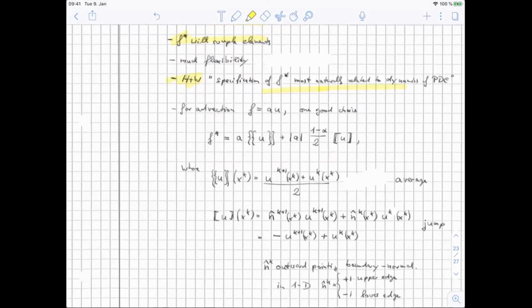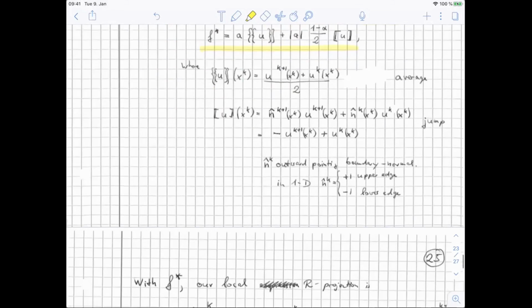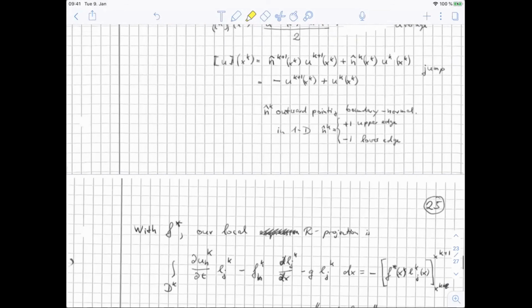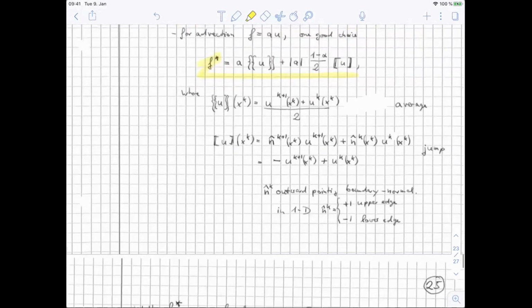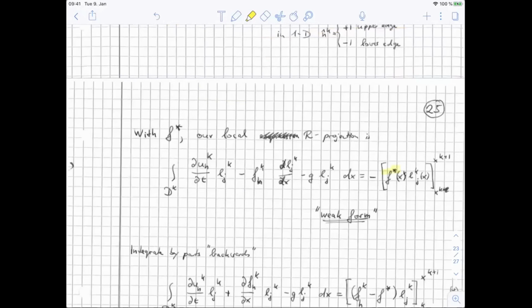I know that for the advection equation, something excessively simple is a good choice. For instance, this expression here, you don't need to understand it. It's also given in the problem set that comes along with this lecture. The trick now is, you standardize on a flux on a boundary, and you substitute it in.